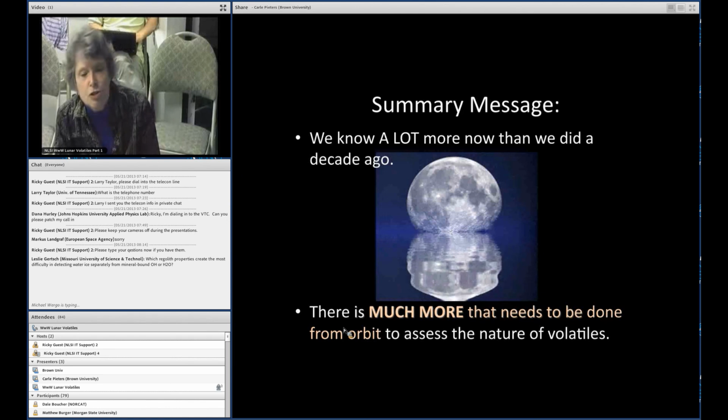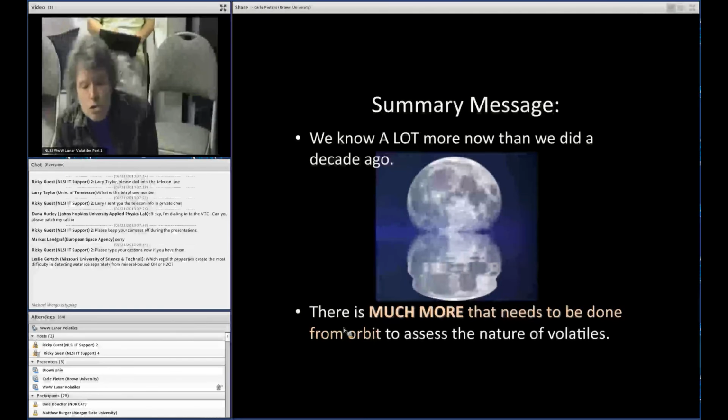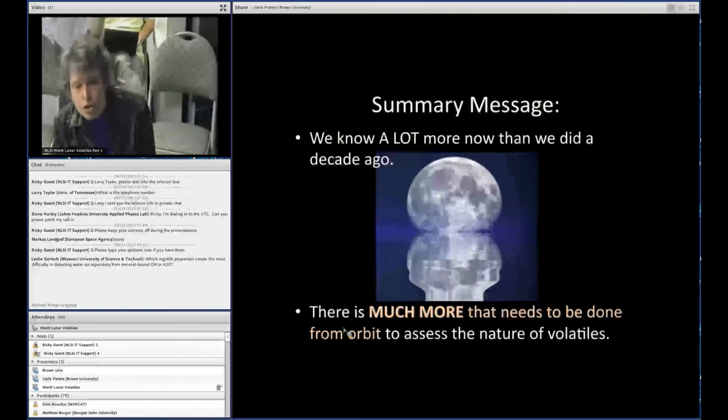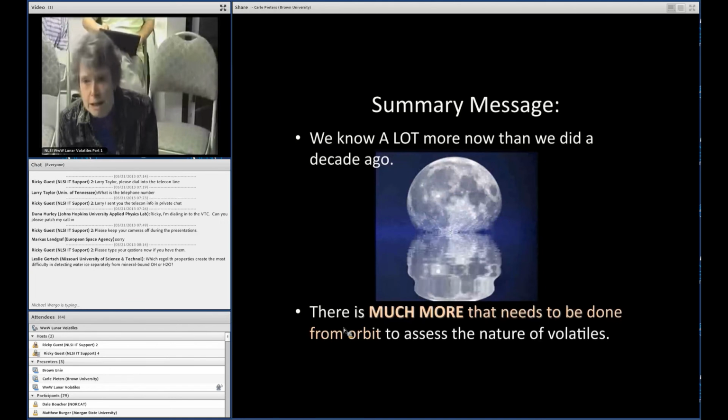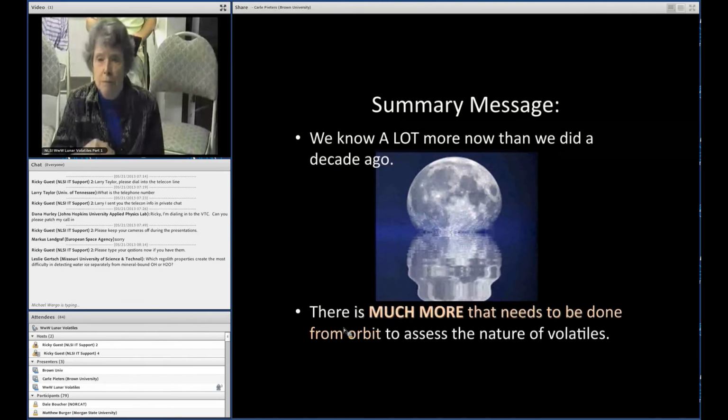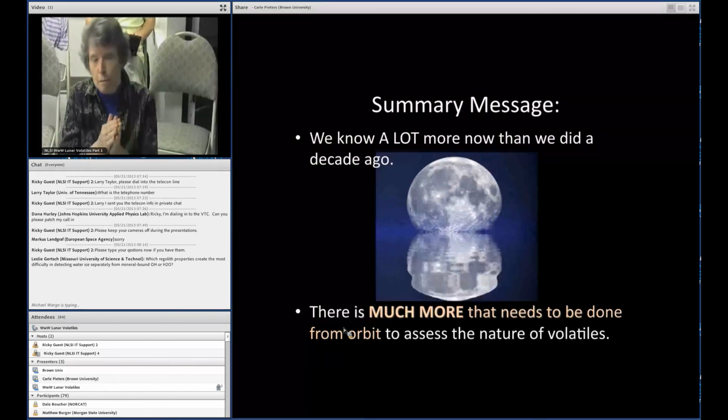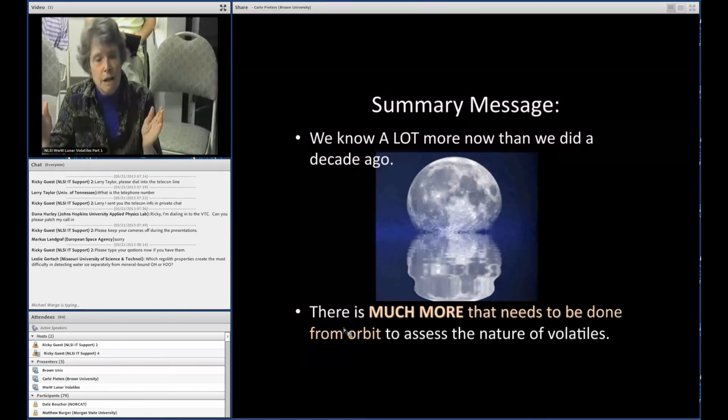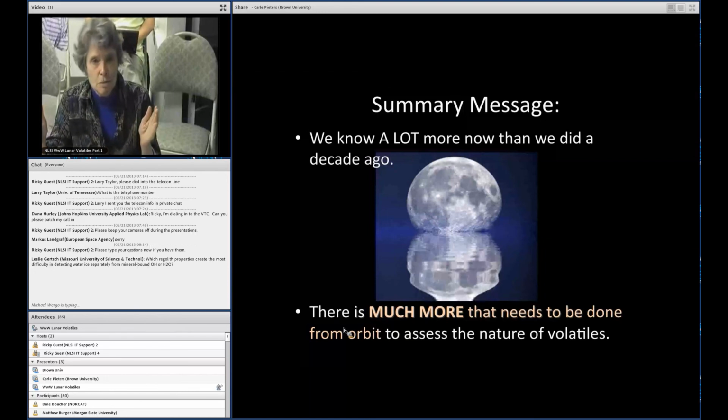It's really to distinguish OH and H2O spectroscopically, we need a little bit broader range of the 3-micron measurement.